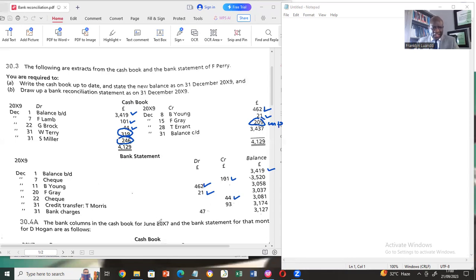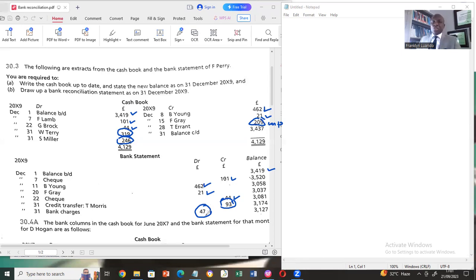So if you check there, we have credit transfer. This item is on the bank statement, but not in the cash book. That is bank charges on the bank statement, but not in the cash book.